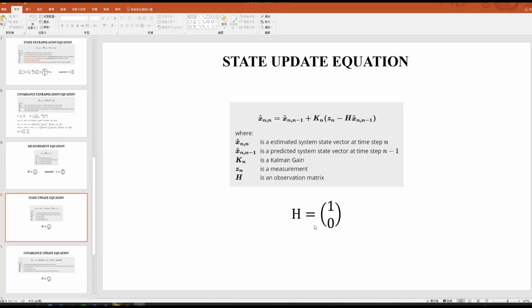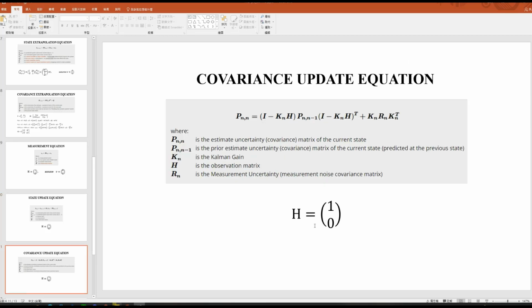This formula can be simply regarded as the estimate is equal to the predicted state plus a Kalman gain multiplied by the measurement minus the prediction. This formula represents a modification to the state vector. And this formula is used to modify the uncertainty.